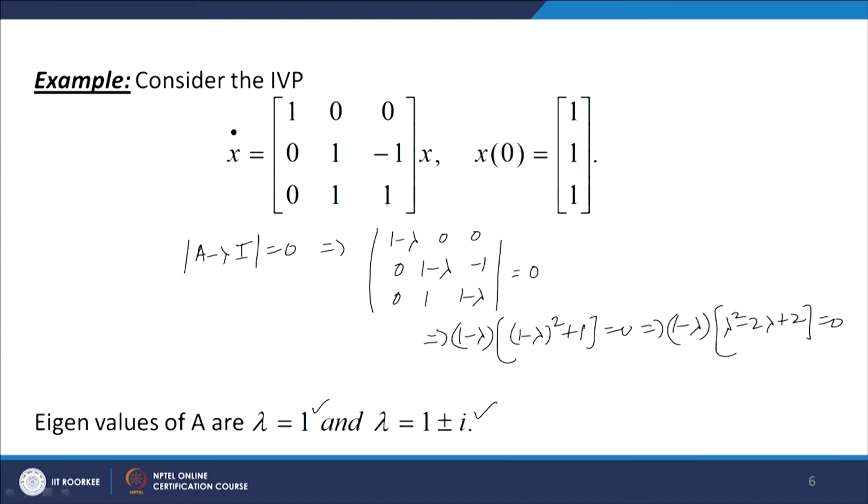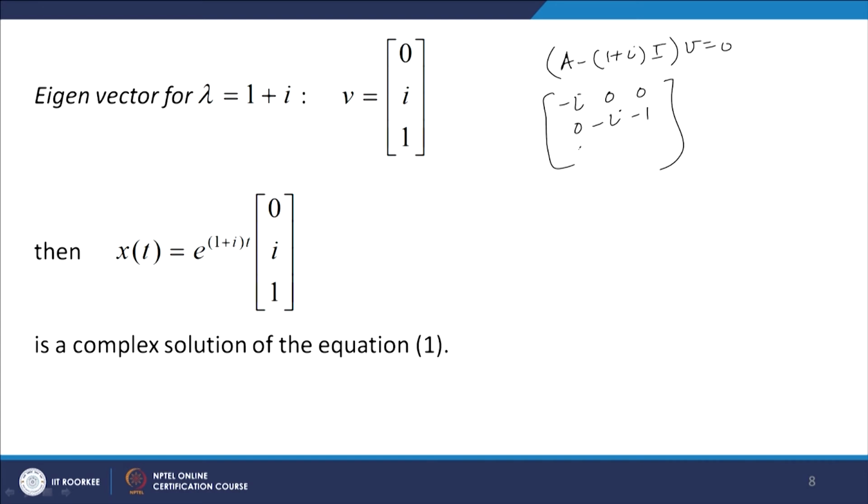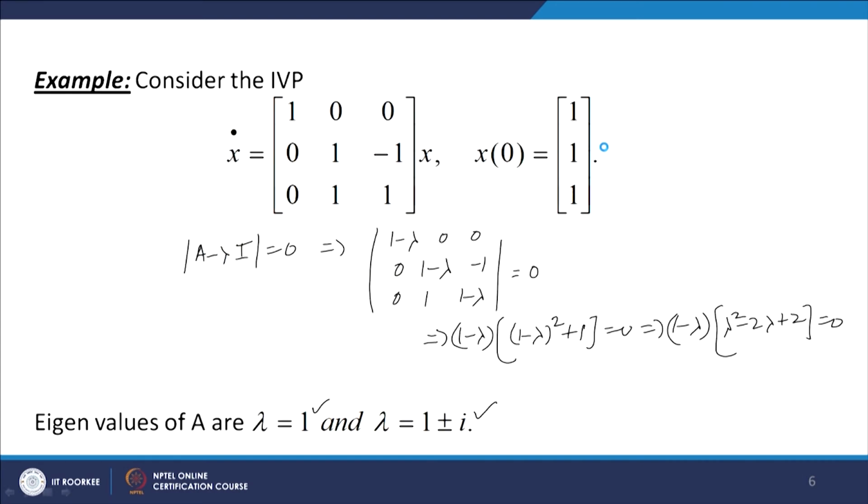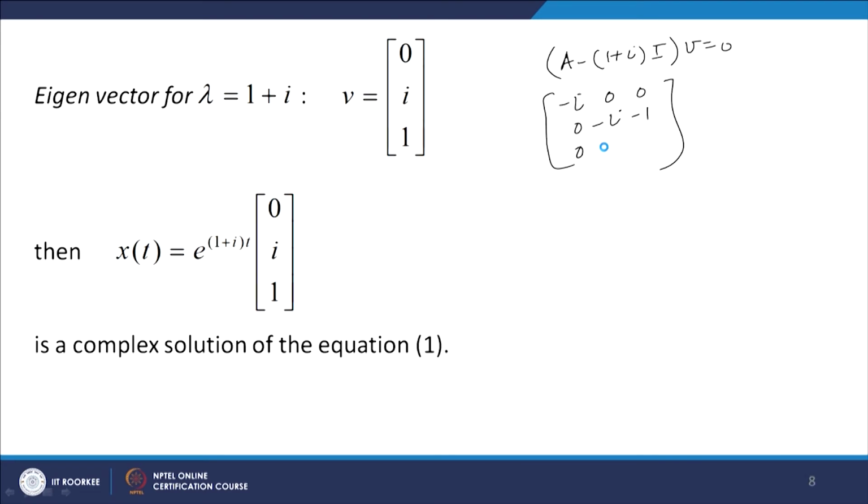So, 0 1 minus i, 0 1, minus i, b1 b2 b3.